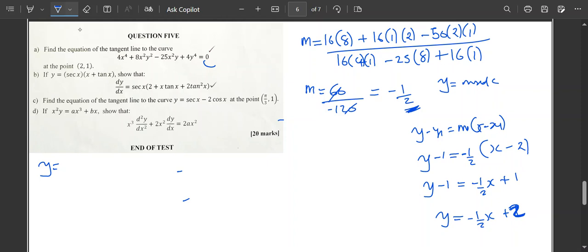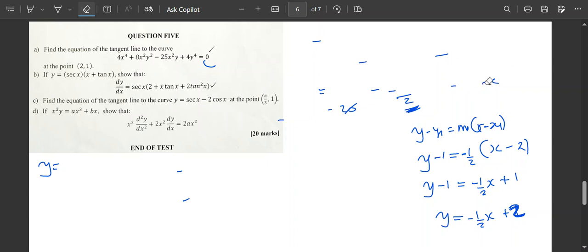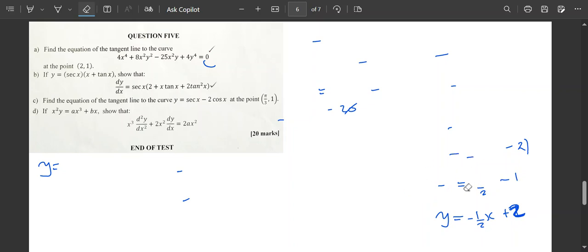Okay, so now we are going to show the second derivative, the derivation of sec x tan x as indicated. All right, so what you're going to do here is, I'll bring the same equation and differentiate. Hope it was clear.